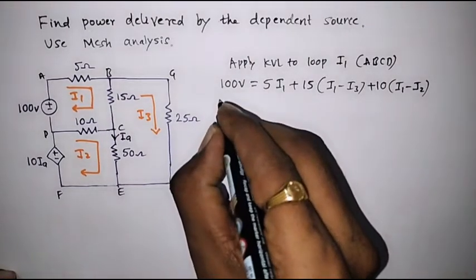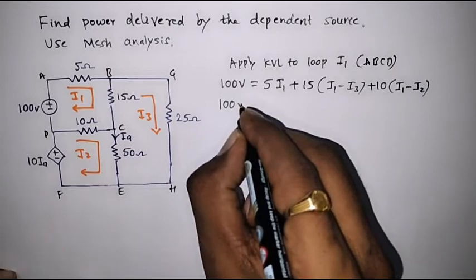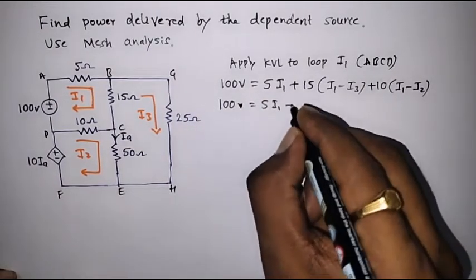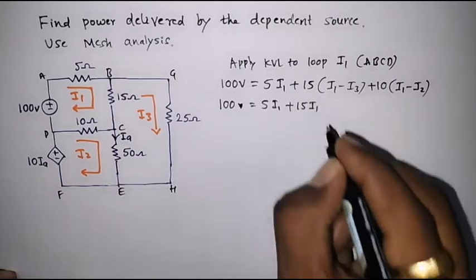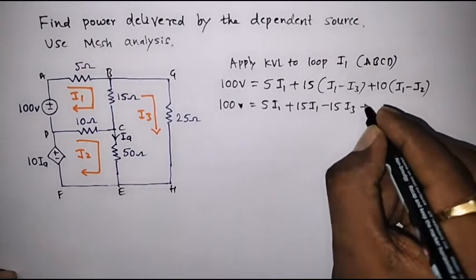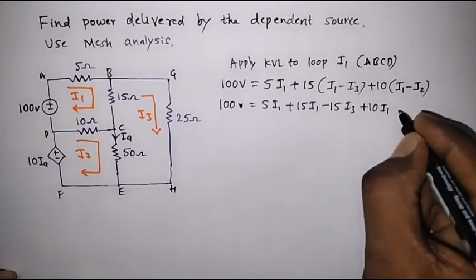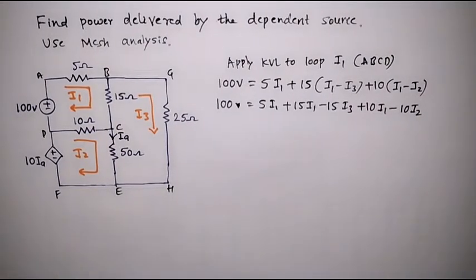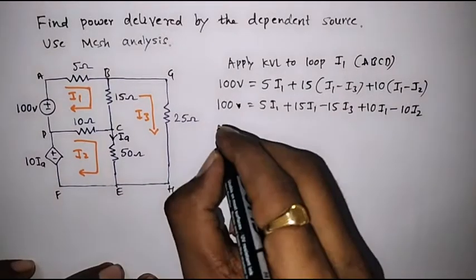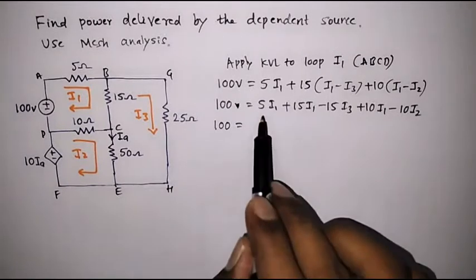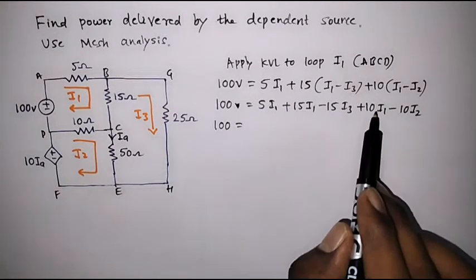We'll simplify this. 100 is equal to 5 I1 plus 15 I1 minus 15 I3 plus 10 I1 minus 10 I2. We'll simplify this further. 100 is equal to, we have I1 terms 5, 15 and 10.